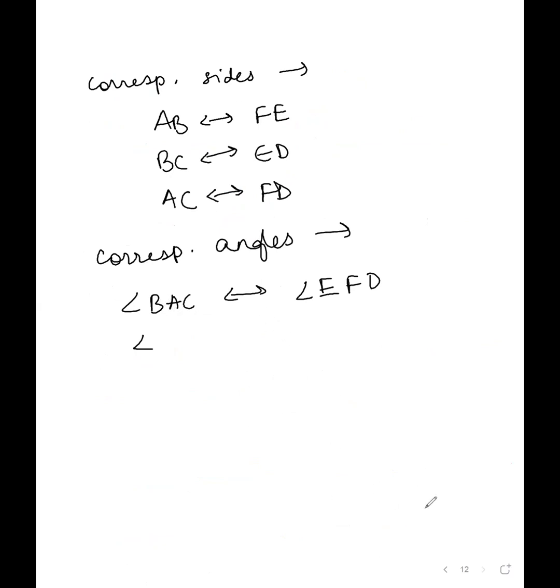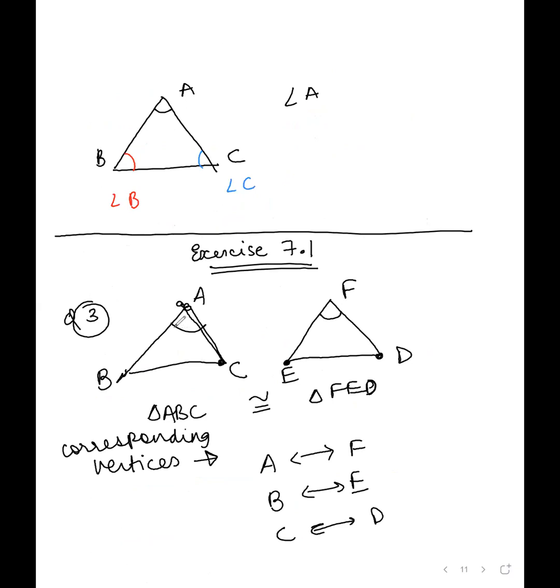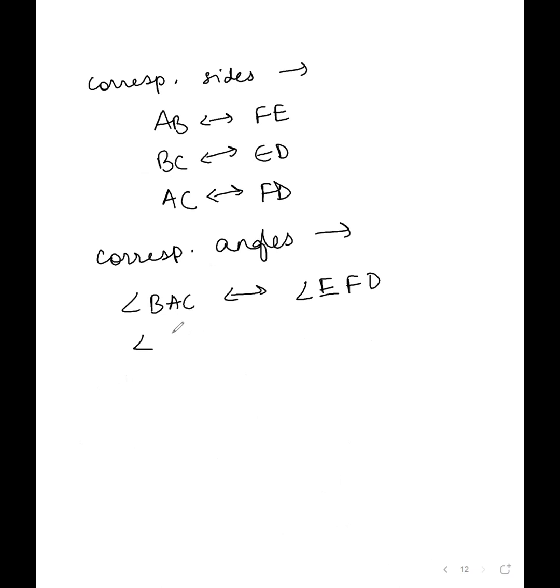Till now we have covered this angle and this angle. Now let's talk about the other two angles. CBA, very good. CBA is corresponding to angle DEF. Angle CBA is corresponding to angle DEF.